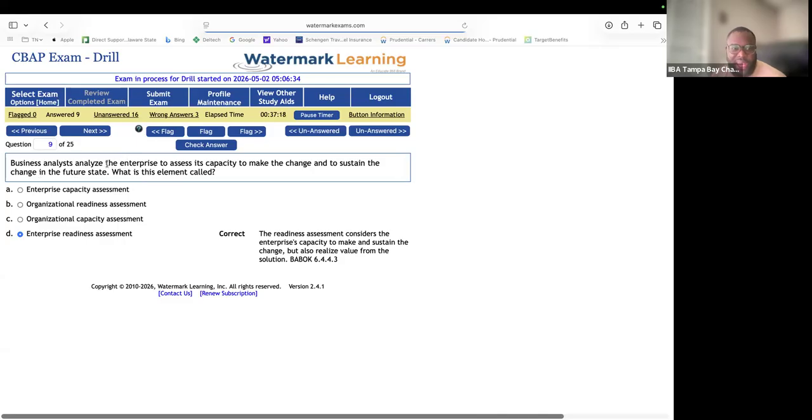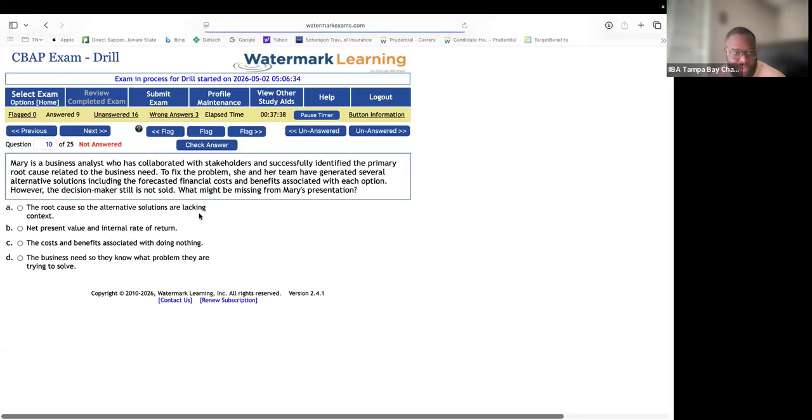We saw analyze the enterprise. So if something is at the enterprise level, I will assume the correct answer will start with enterprise as well. Not always, but most often, that's the way I proceed.